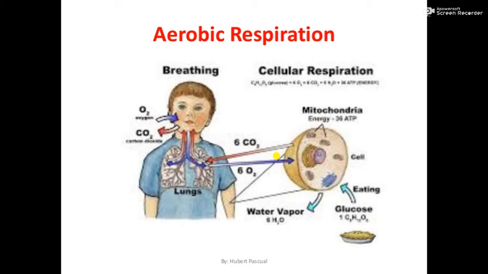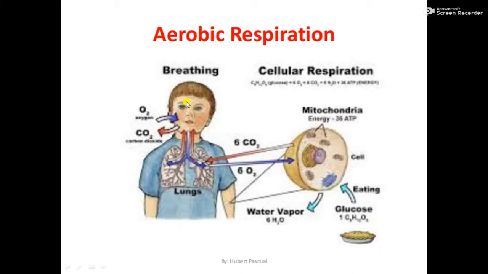The aerobic respiration can be divided into two parts. One is external respiration and another is internal respiration. The external respiration is called breathing and the internal respiration is called cellular respiration.